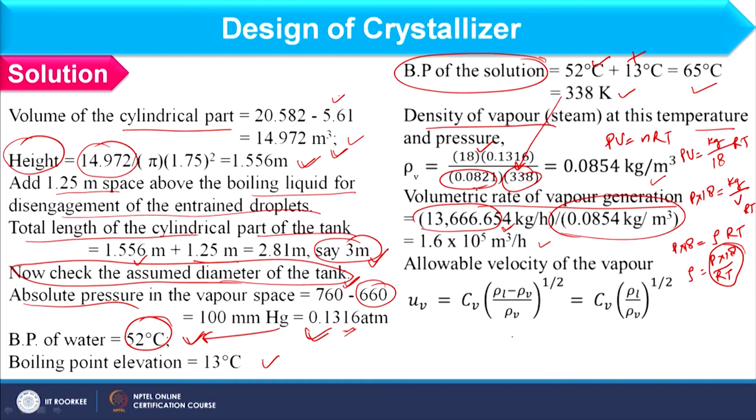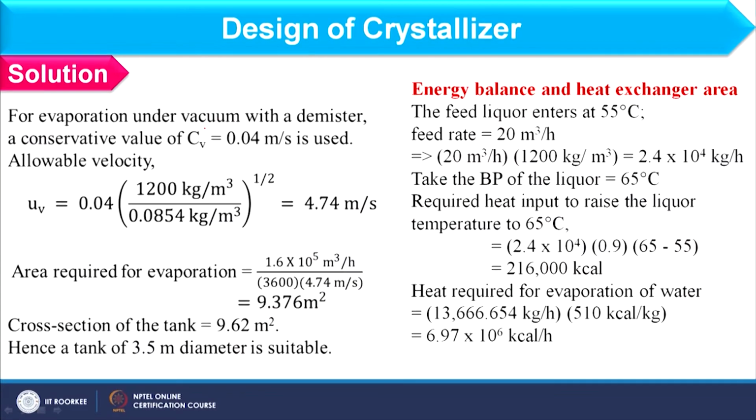And further we can obtain allowable velocity of the vapor using this expression, okay, where evaporation under vacuum with demister, that is basically the pad in which liquid droplet is captured, a conservative value of Cv is considered, which is basically 0.04 meter per second. So, considering this value, we can obtain the allowable velocity of the vapor, and that is basically 4.74 meter per second.